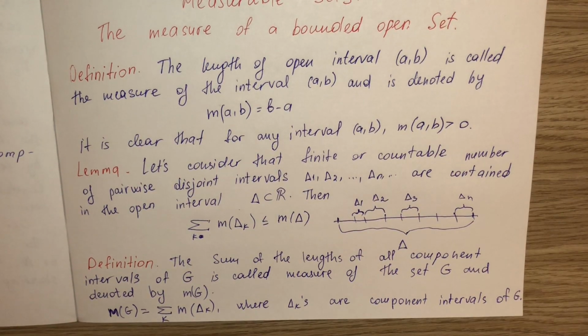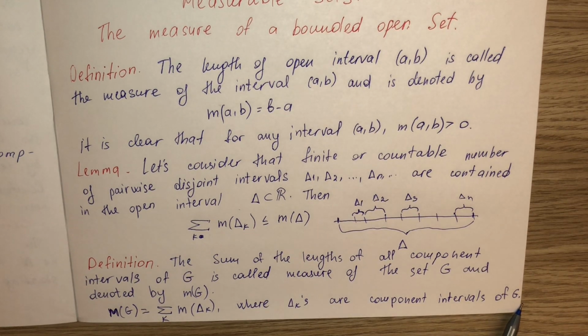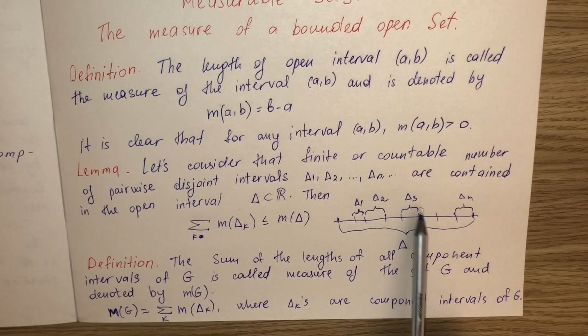Another definition: the sum of the lengths of all component intervals of G is called the measure of the set G and denoted by m(G). So m(G) is equal to the sum of all m(delta k), where delta k are component intervals. Before, delta k were pairwise disjoint intervals, but here they are component intervals.